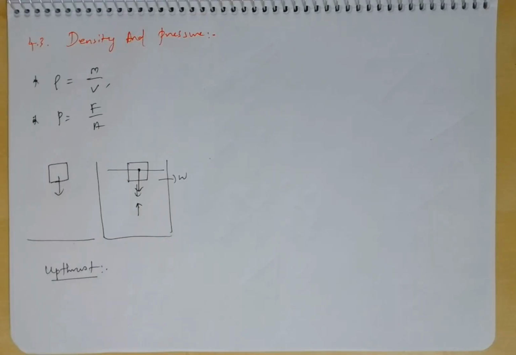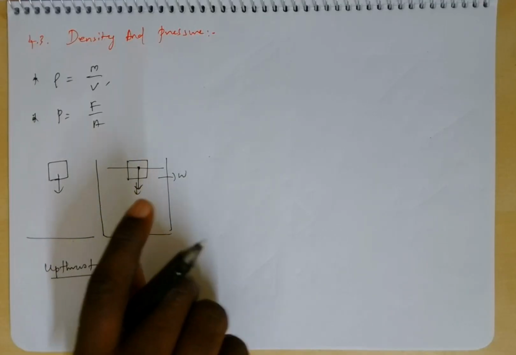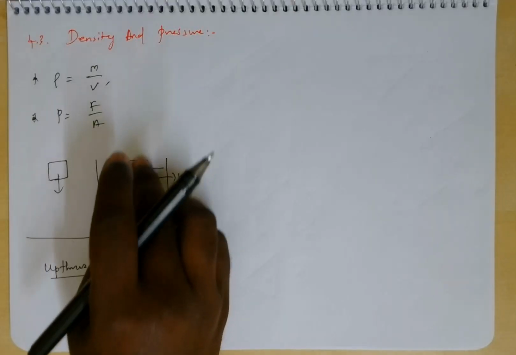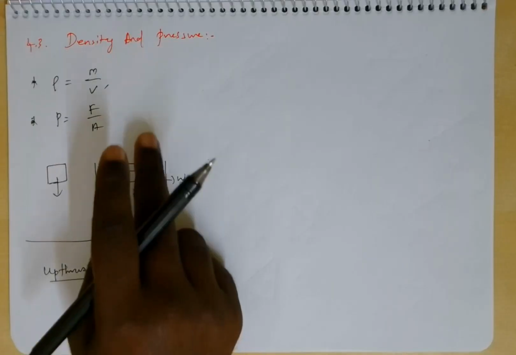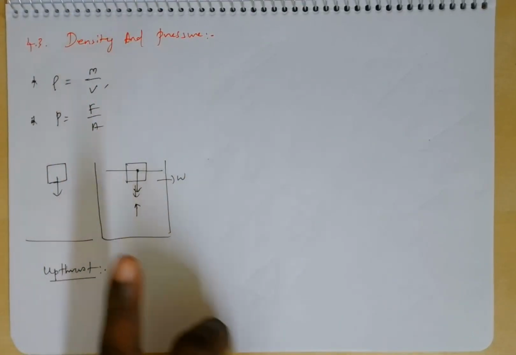We should not confuse upthrust with drag. Drag works in any direction. It doesn't matter how you are moving inside the liquid, you will get a drag. Both are contact forces. Upthrust acts only vertically upward in the liquid. If you try to push something into the liquid, it works against it.